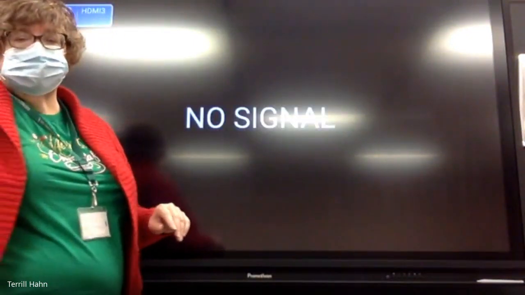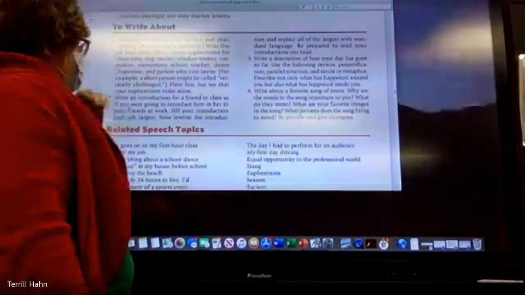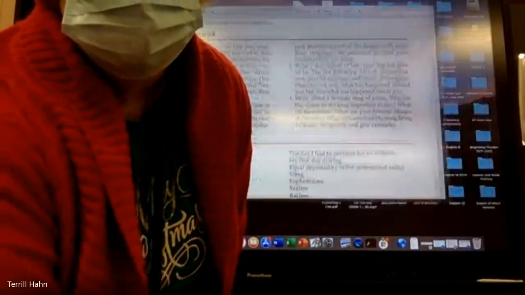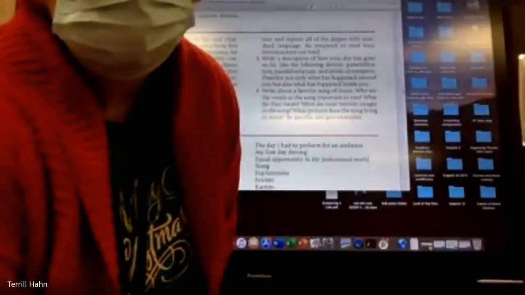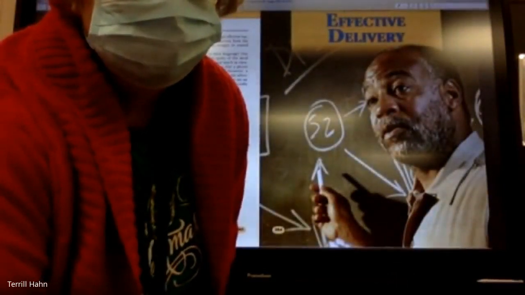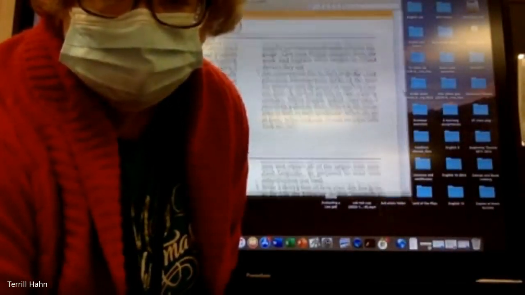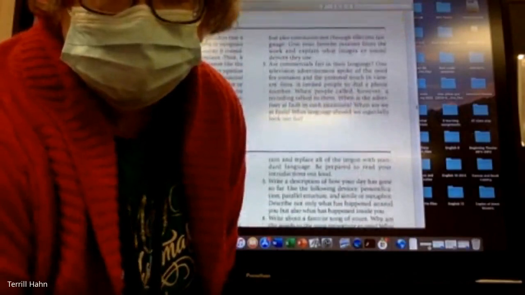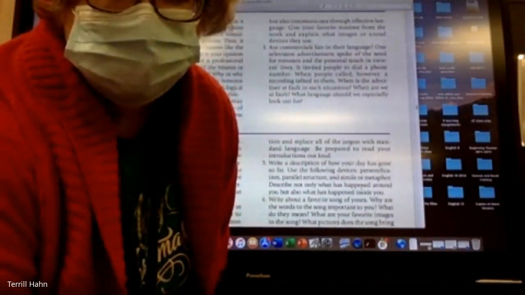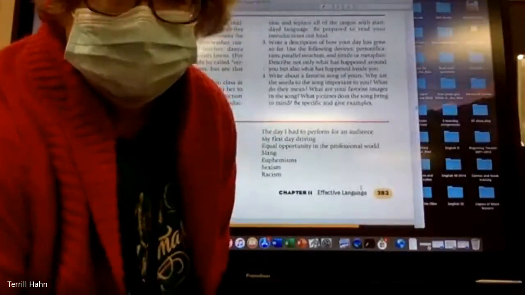Like I said, on page 283 in the text online, there are some topics. Let me move this. All right. No, I don't want to do that. I just want to do it this way. Okay. Here, that's what we want.